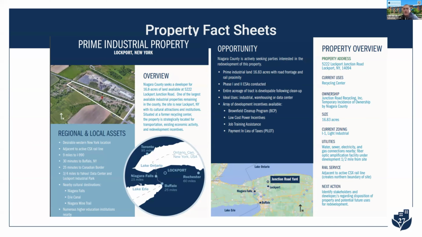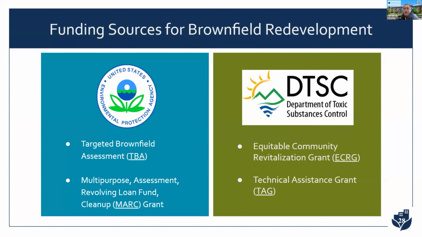We don't have too much time to talk about funding sources, but like we talked about, there are lots of great programs you can tie in to with brownfields, from the targeted brownfield assessment to the equitable community revitalization grant, which is a program I spend a lot of time on. If you have any properties that you think make sense, or you're interested in doing a brownfield inventory, please reach out.